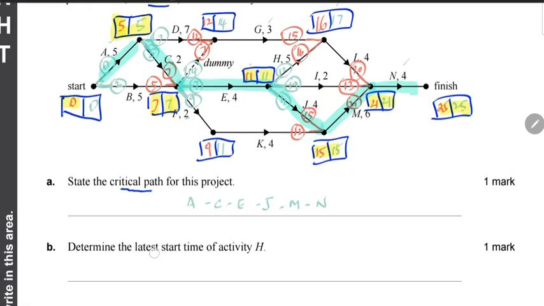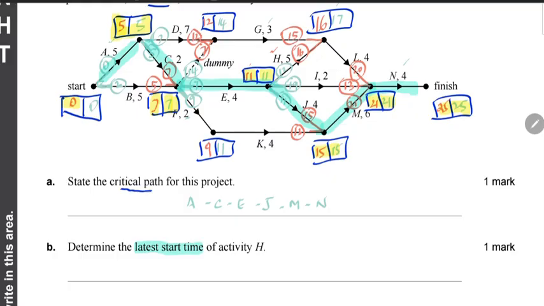Now they ask you to find the latest starting time for activity H. So let's identify where activity H is. That's this one.